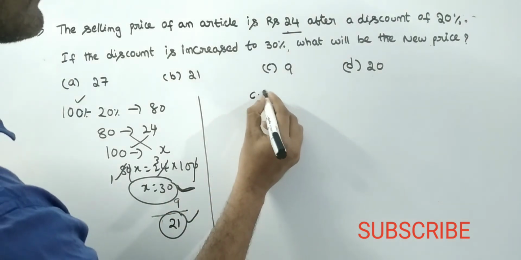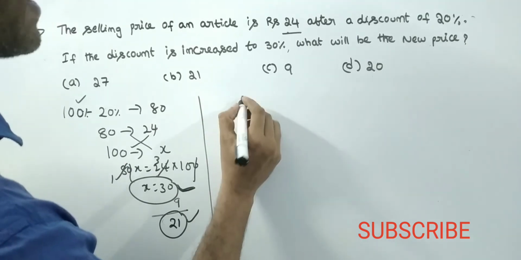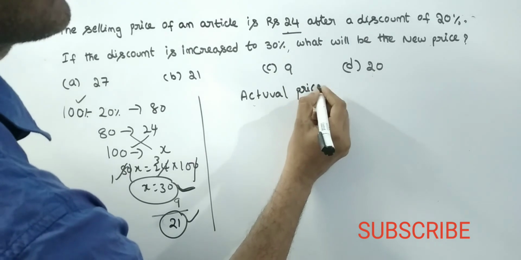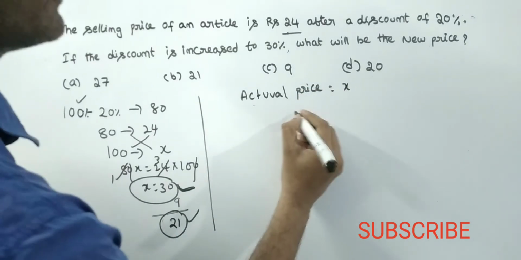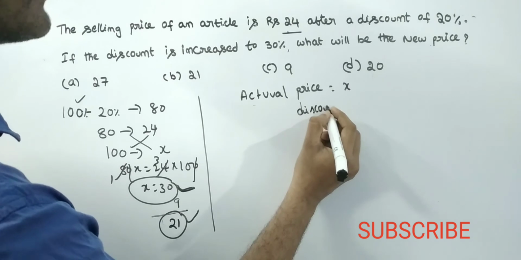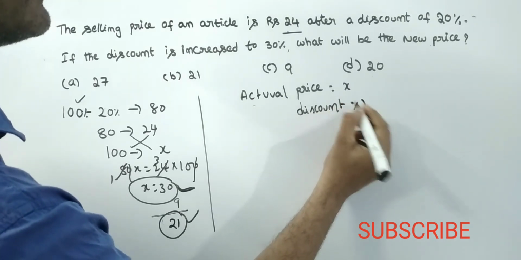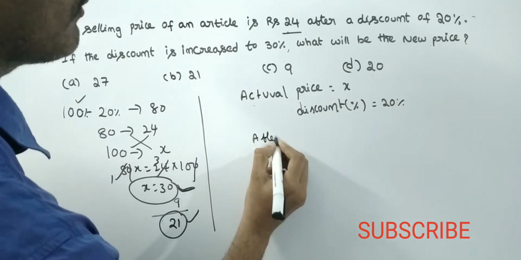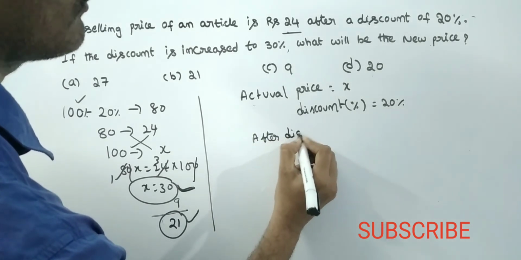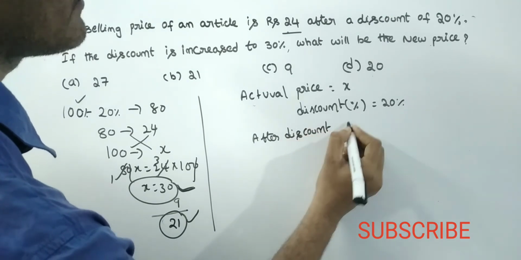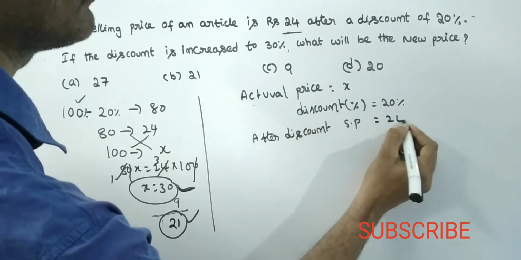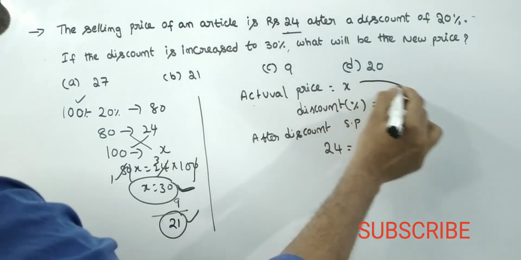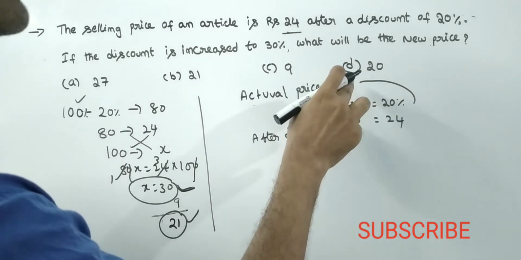See friends, cost price, actual price. Actual price is X rupees. Then the discount percentage, how much he has given? Discount percentage 20%. Then after discount, selling price how much he has given? 24. That means 24 equal to, see friends, after discount means x minus 20% of x.